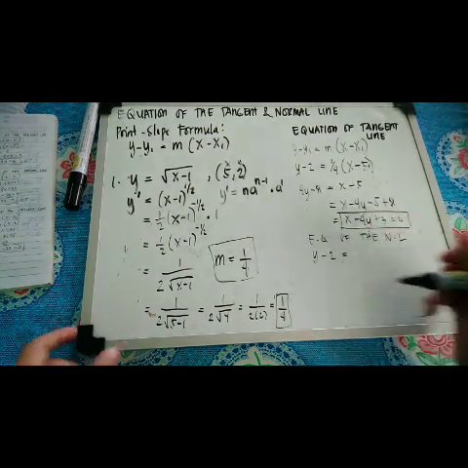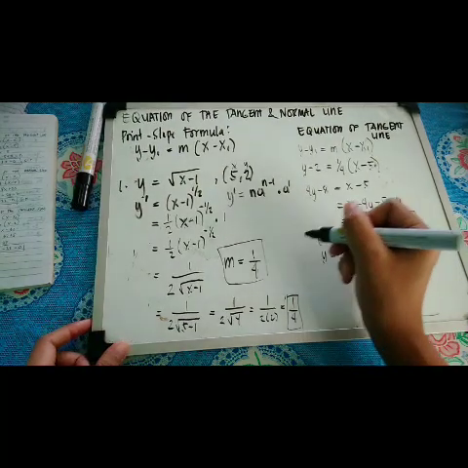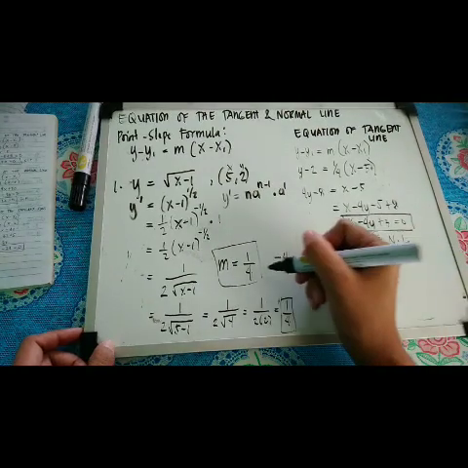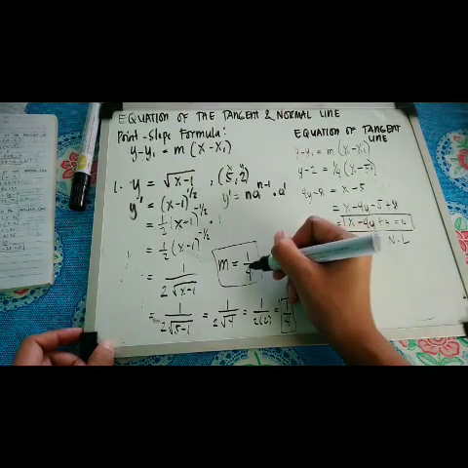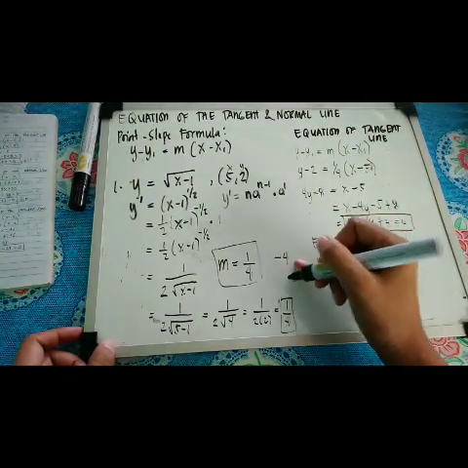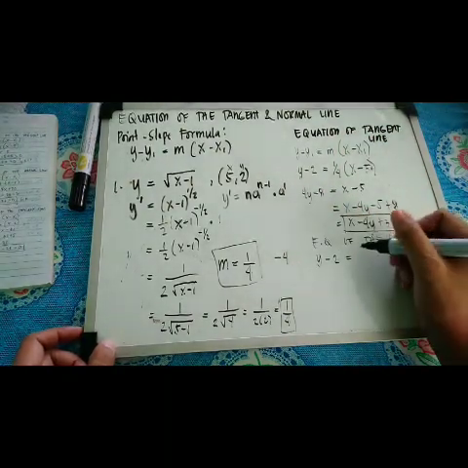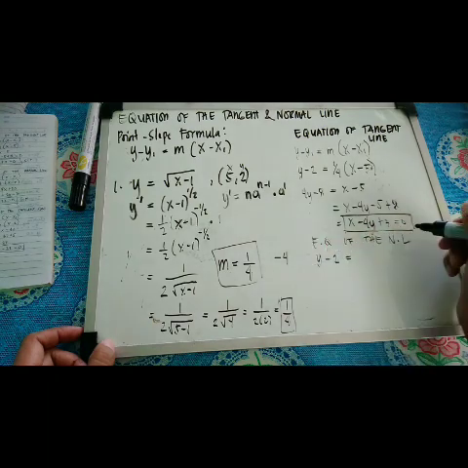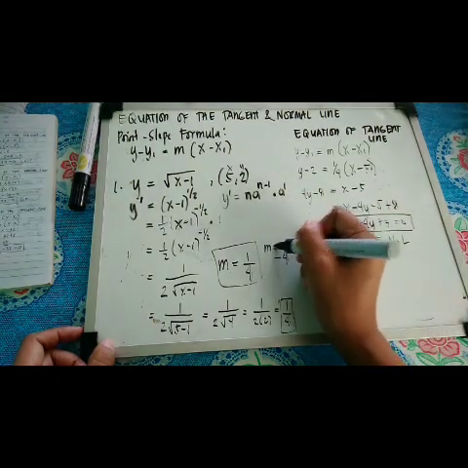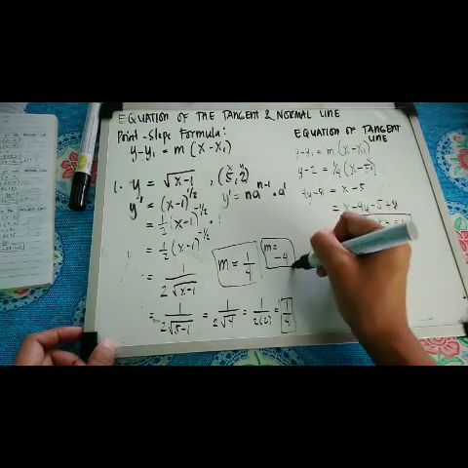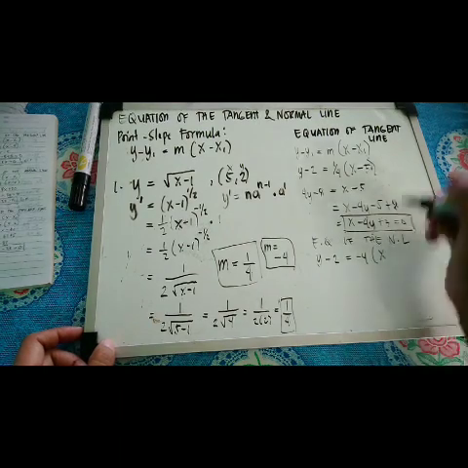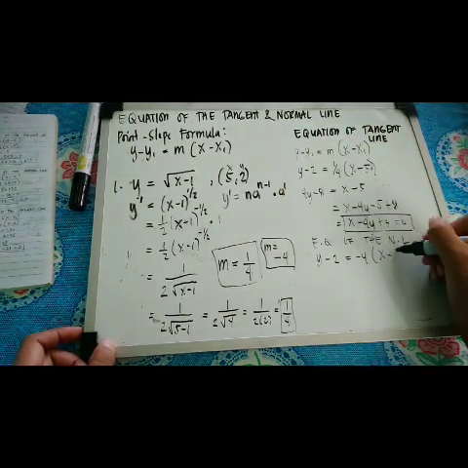So when you reciprocate 1/4, the result would be negative 4, since the sign of this number is positive, and the reciprocal flips it to negative. So the slope of the normal line is equal to negative 4. Don't forget that.